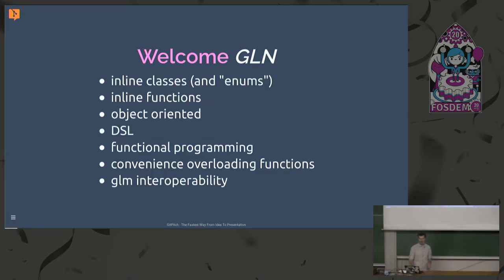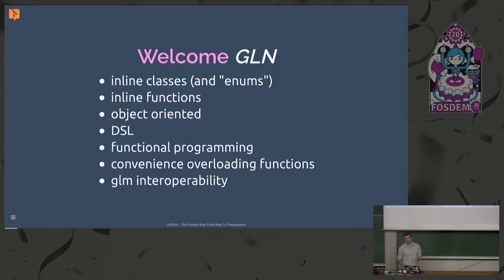It's also object-oriented. As I said for the inline classes, we have all the methods. There is a DSL, where you can easily wrap some scope, some OpenGL object, and then inside the scope, do something nice.